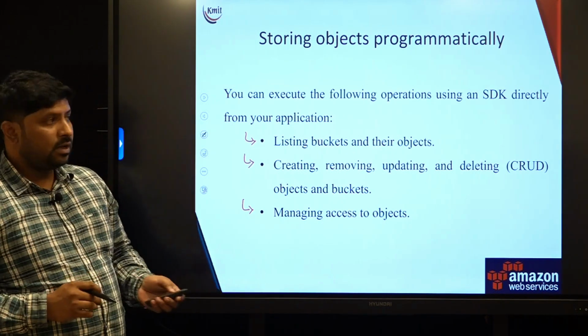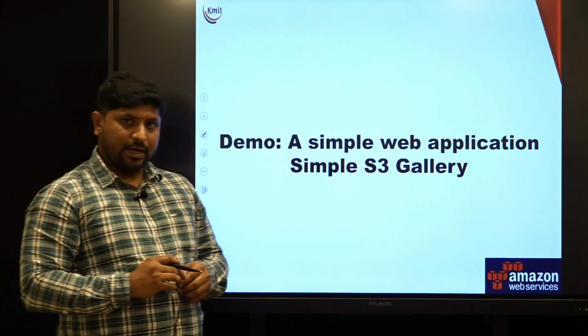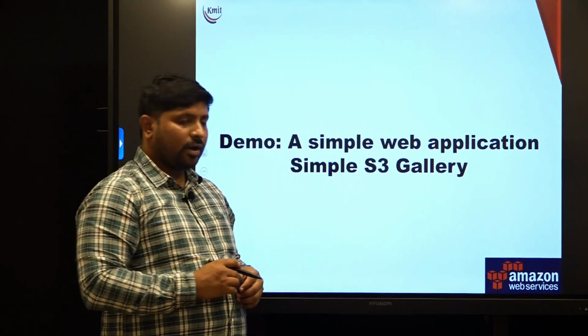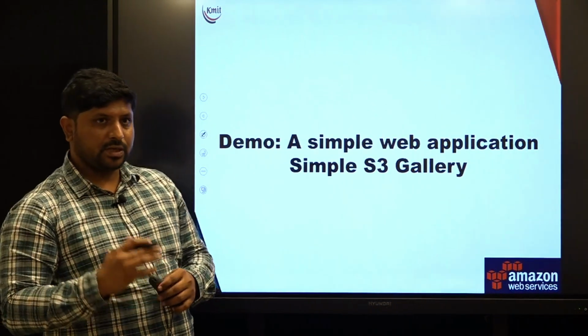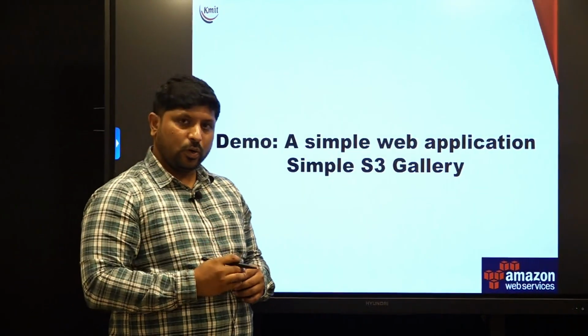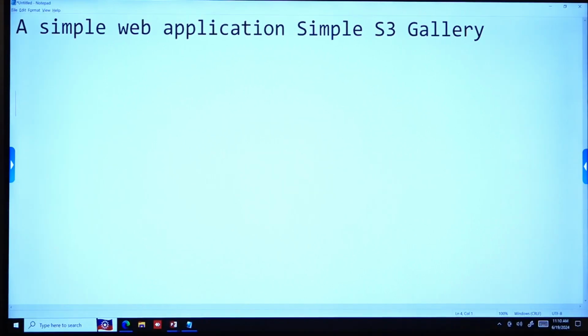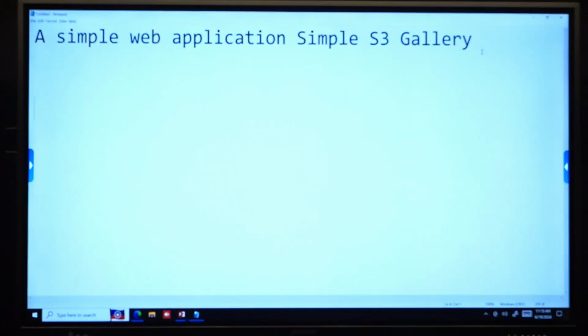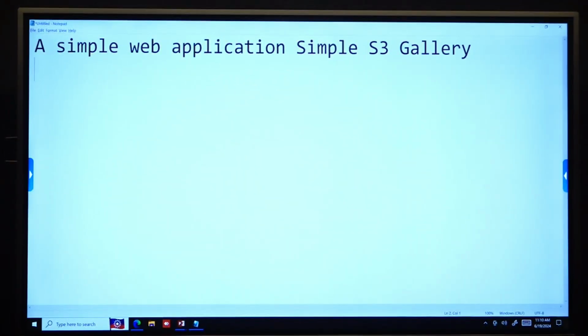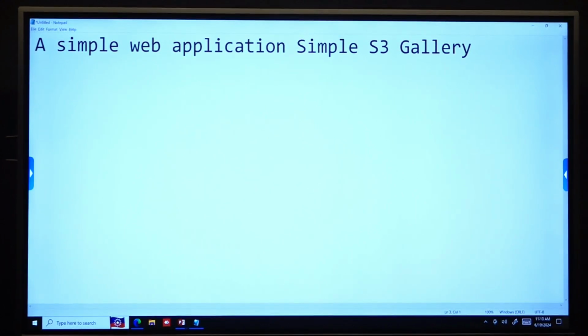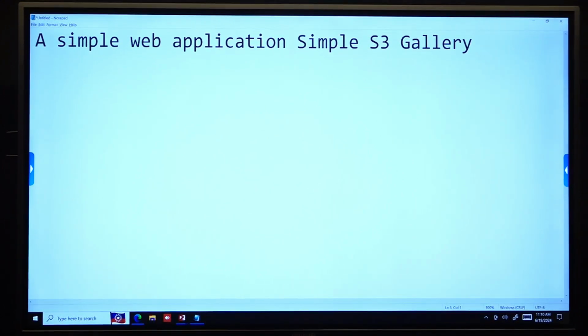So, with this we will be moving towards a demo, and we will be looking at how to deploy a web application and how to upload and how to list the objects from S3 buckets. Let us see what things we need to check on our laptop or desktop in order to go with this web application.